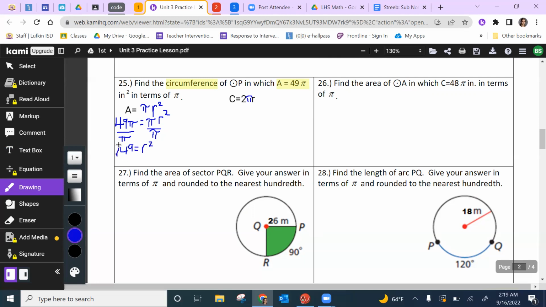And then we're going to take the square root of both sides and get 7 for our radius. We're not finished because we need to find our circumference. So we're going to plug that radius in. So we've got 2 times pi times our radius of 7. So 2 times 7 is 14. So we've got 14 pi inches.